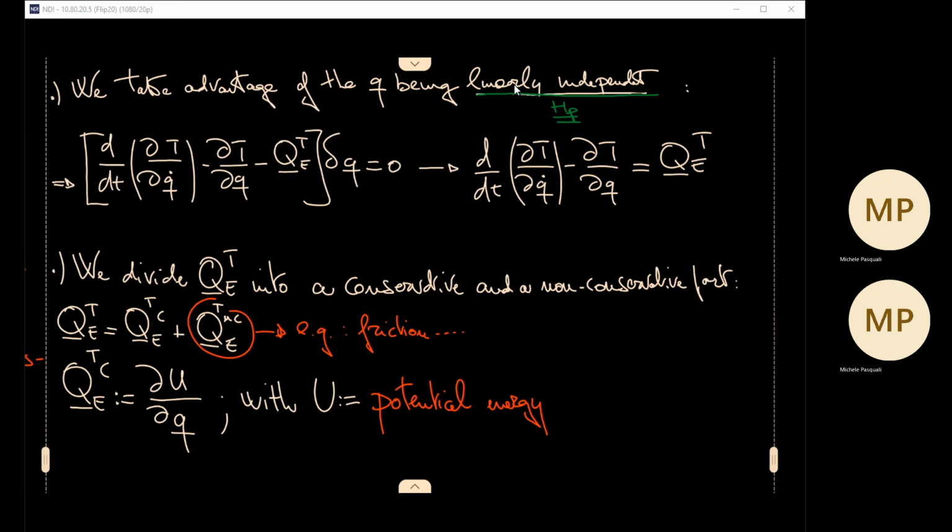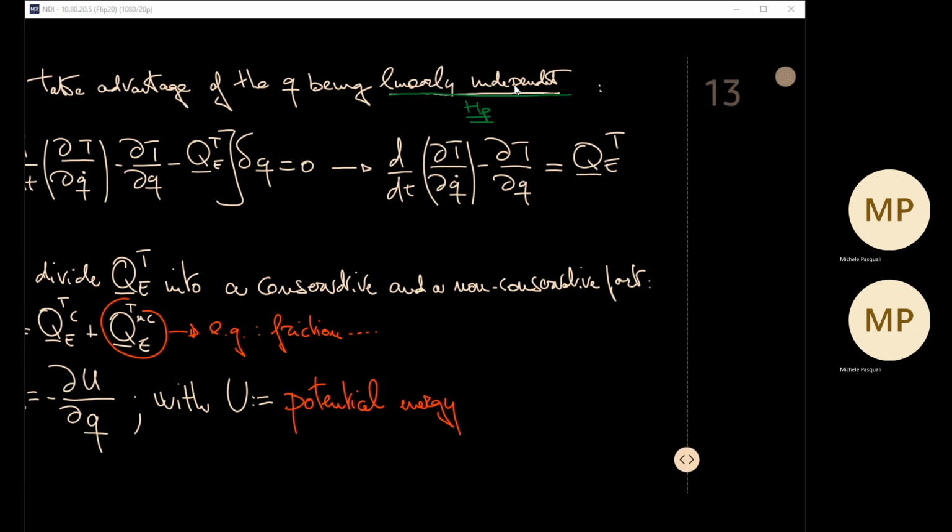Sorry. Yeah. Okay. This depends on the convention that we use, but typically it has a minus sign in front of it most of the times. Okay.